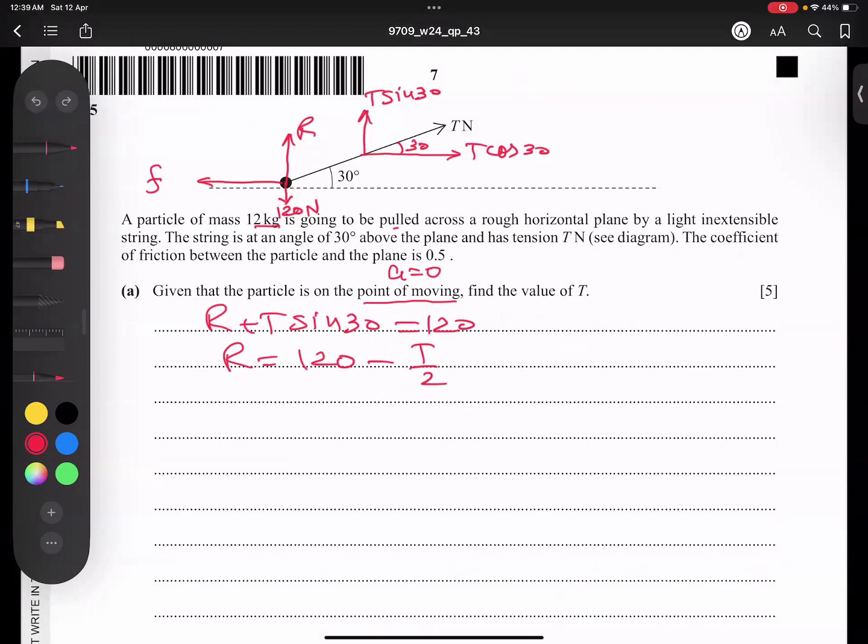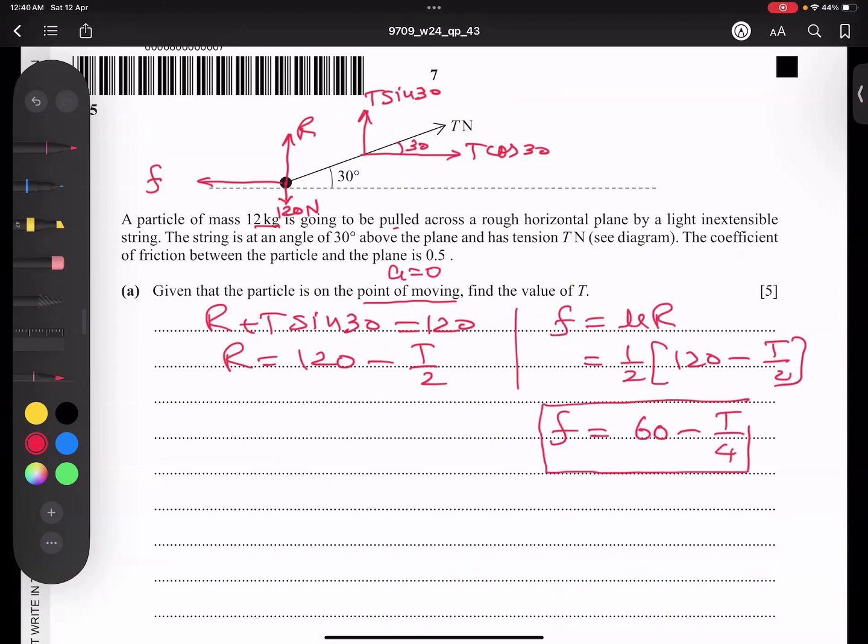Mu is given by him, coefficient of friction is 0.5, and I can find F is equal to mu R, and mu is 0.5. I can say half, and R is 120 minus T over 2. So this goes inside, and friction becomes 60 minus T over 4. So this is the friction force, I got it.